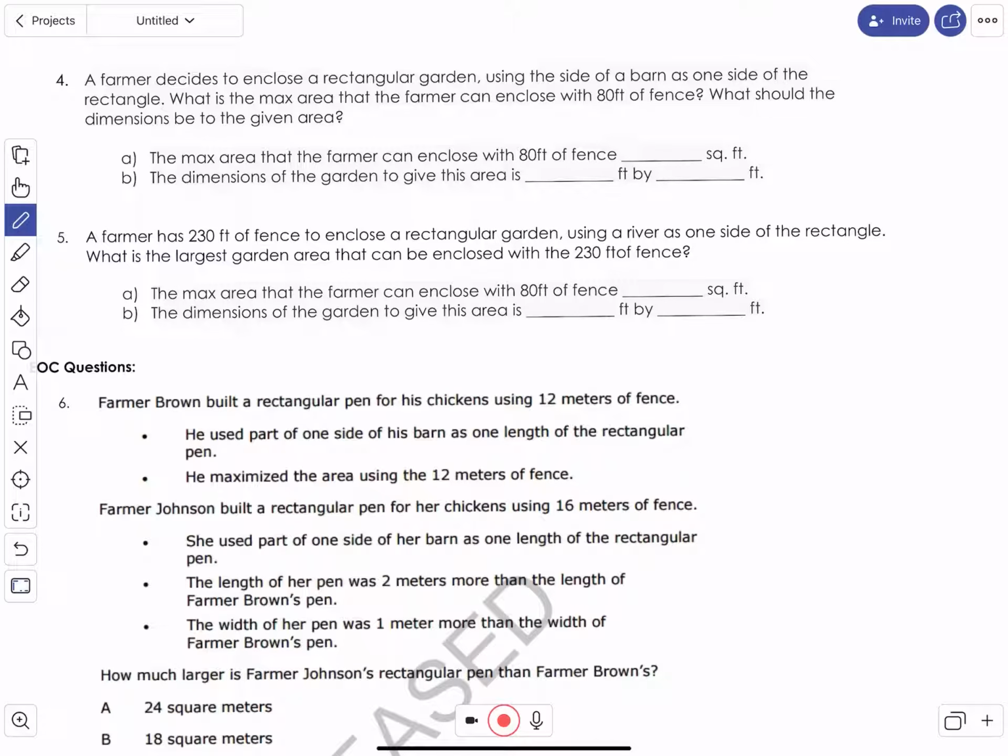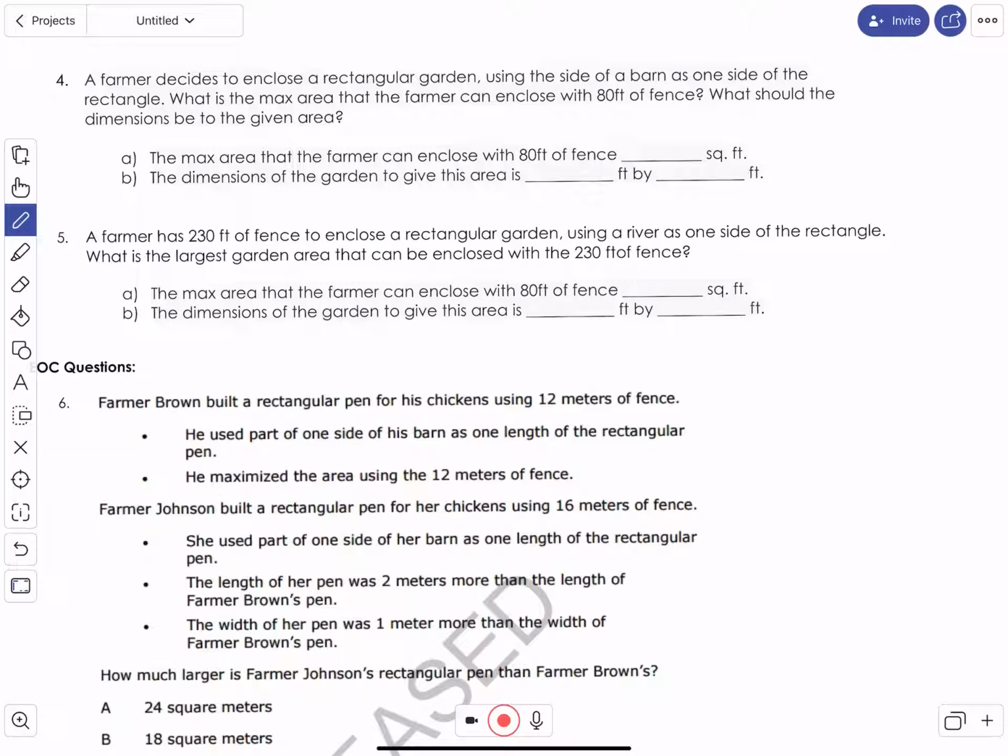These problems are going to be set up the same way every single time. We're going to practice these, and you're going to have some like these in your assignment, but they are set up the exact same way every single time.